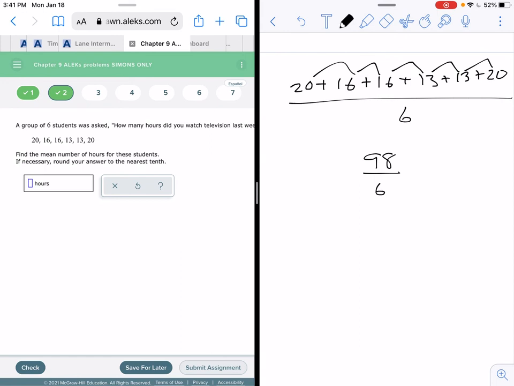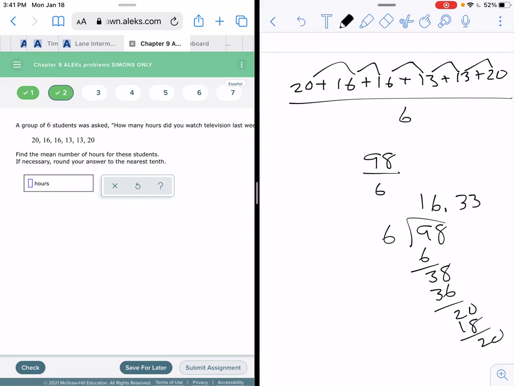So let's see what we get. 98 divided by 6. 6 goes in 16 times, right? You guys just love watching me do long division. So 6 times 6, so 36. I had to think about that for a second. Then 0.3, and we're going to get a repeat of the 3 going on here, and that will just keep going on.